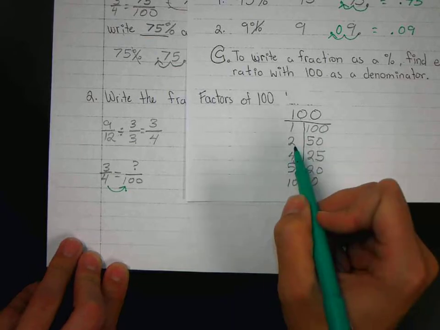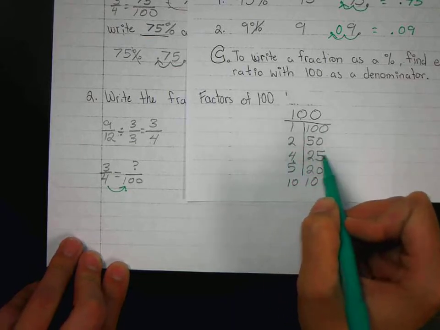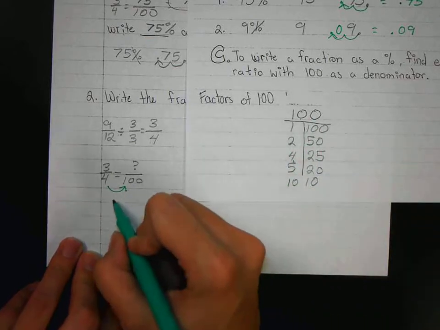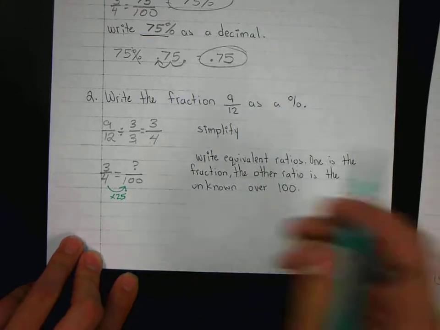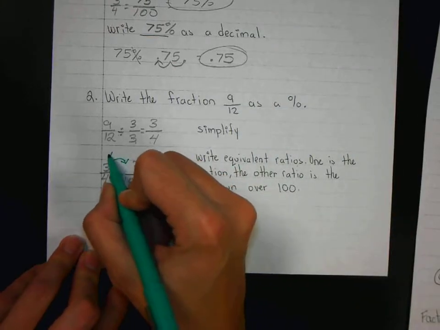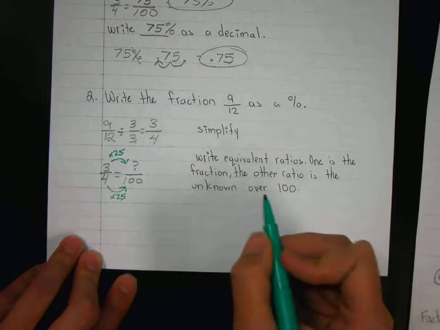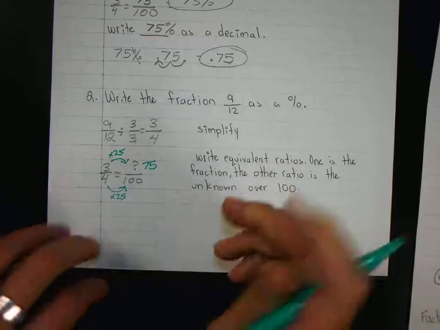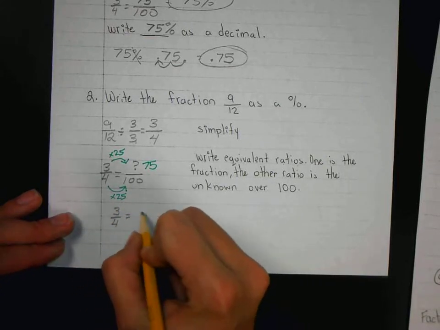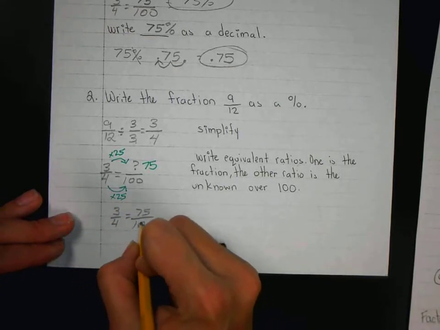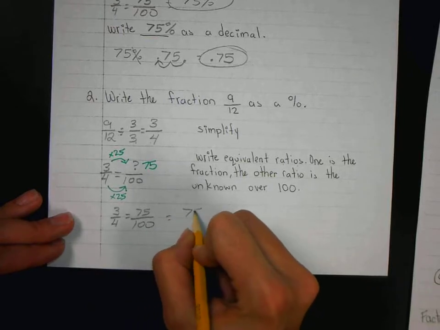We look at our factors here. 4 times what number is going to give us 100, and that's 25. And because we multiplied by 25 on the bottom, we're going to do the same thing to the top, multiply by 25. And that's going to give us 75. So 3/4 is equivalent to 75 over 100, which equals our 75%.